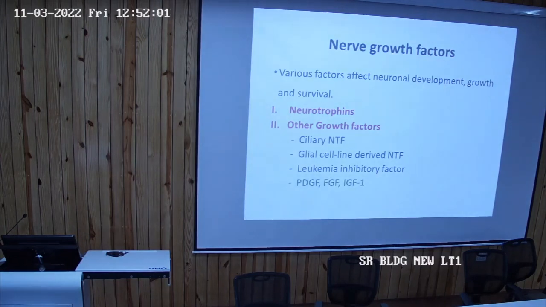Then there are PDGF, platelet derived growth factors. Then there are fibroblast growth factors. Okay, these are the factors. Then there are IGF, insulin-like growth factors. So these are the different nerve growth factors we know.